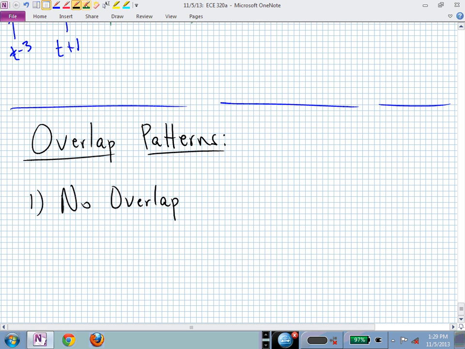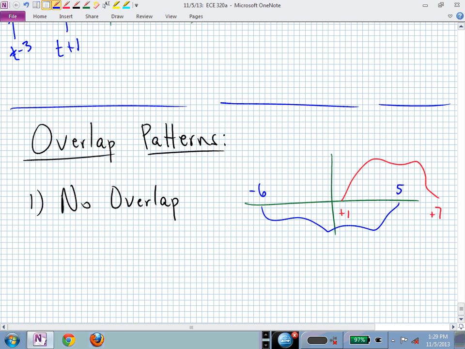And by overlap, I don't mean that the functions have to be on top of each other. If I had a waveform, let's say right here, that went from plus 1 up to 7, and then I had another waveform that was back here at minus 6 and went up to 5, do those two waveforms overlap, in my terminology?